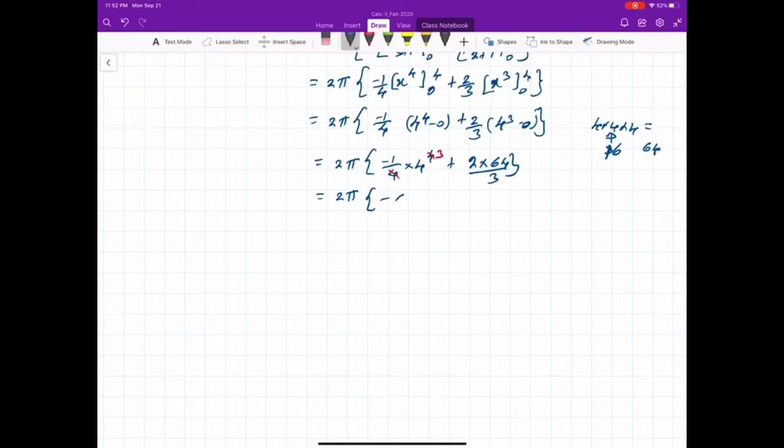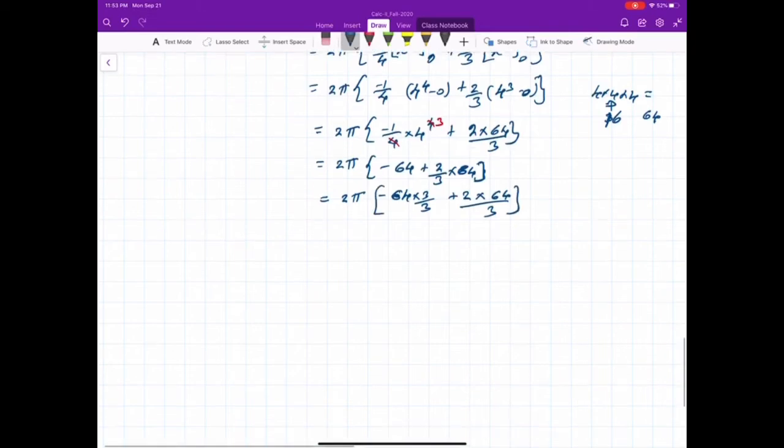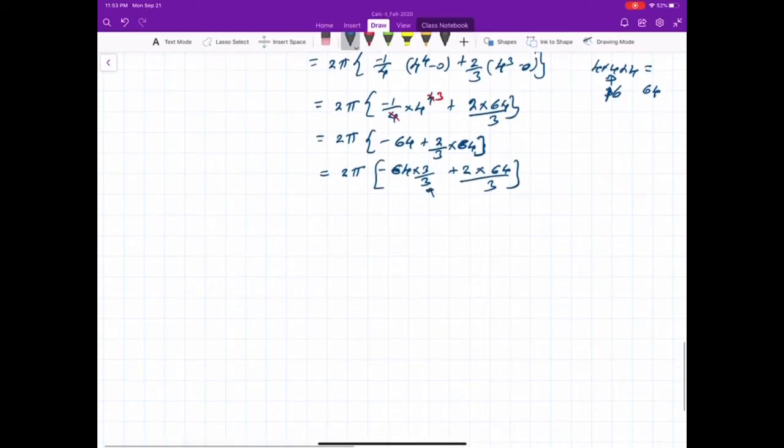So you have minus 64, here plus 2 over 3 times 64. 3 is a common denominator. Simply what you are doing is writing 64 multiplied by 3 divided by 3 plus 2 times 64 over 3. That is the notion of common denominator, so I can take this 3 as the common denominator.